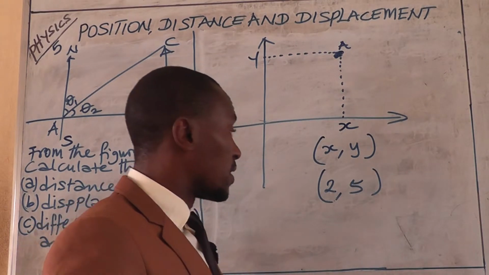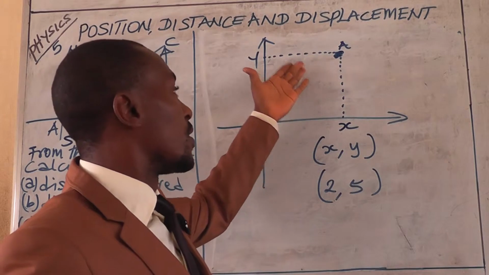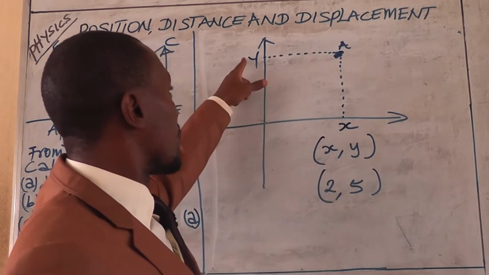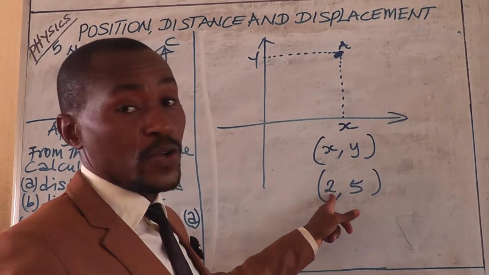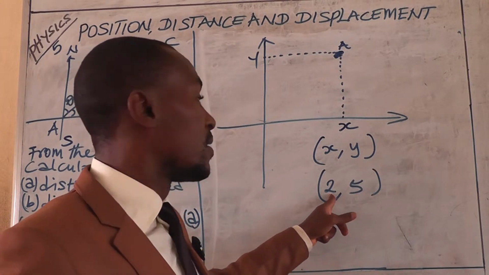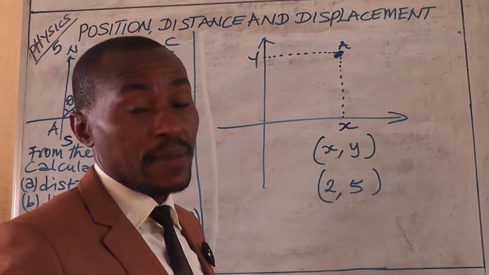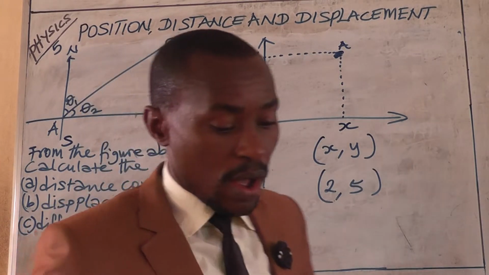So if you are given anything like this, you are asked to translate as seen on this sketch here. Instead of writing x, I'll write 2. Instead of writing y, I'll write 5. So the first value you have represents the x value, which is referred to as abscissa. I'd like us to get that. Now, that is for position.